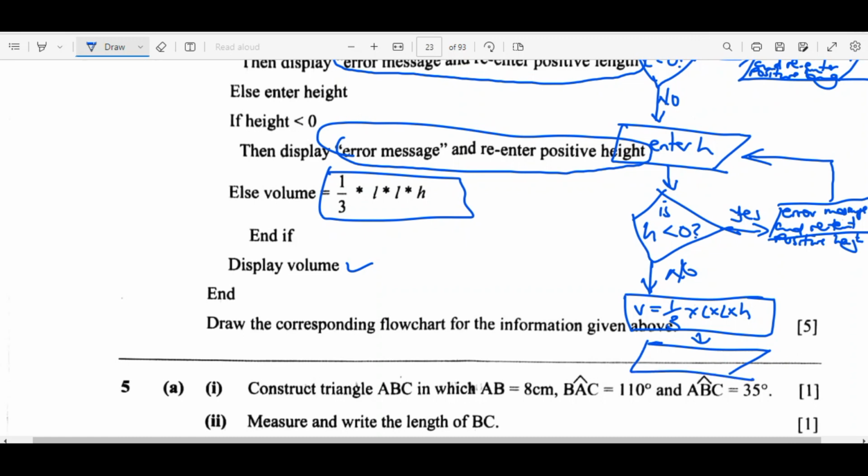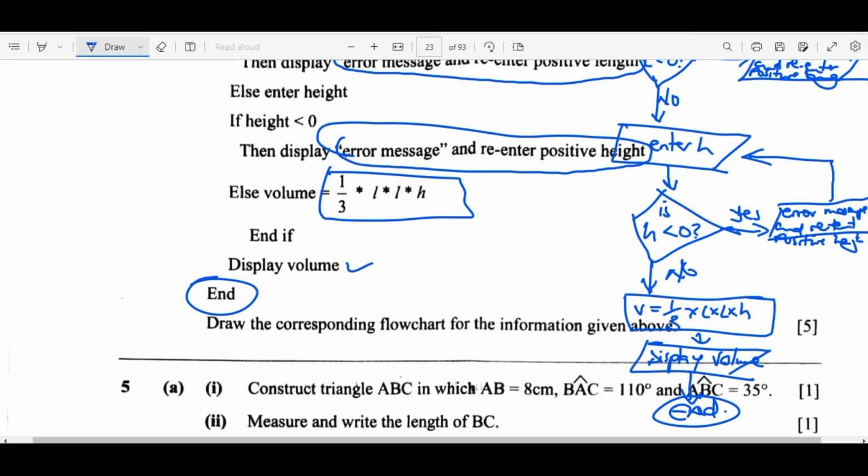So we are going to say display volume. If we display volume, then we're going to say end. End means that you have to end by an oval, where you write end.